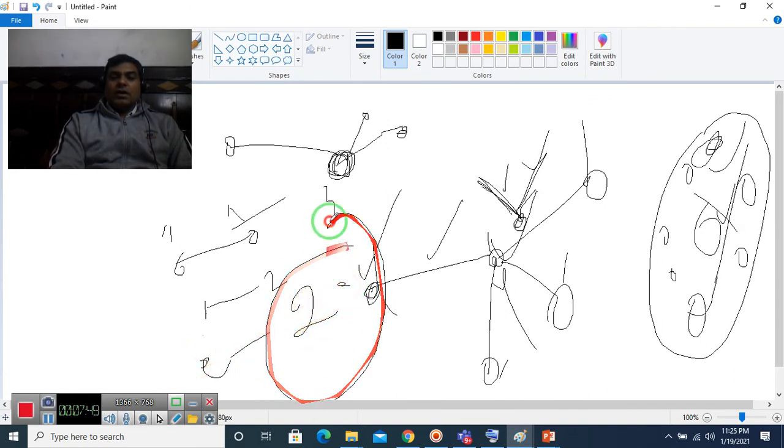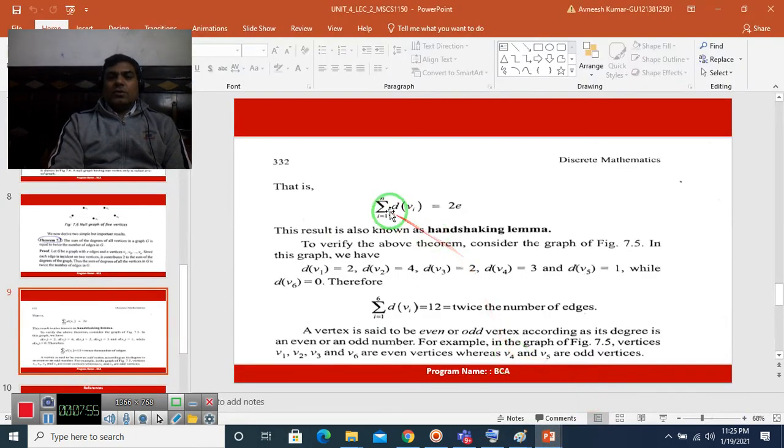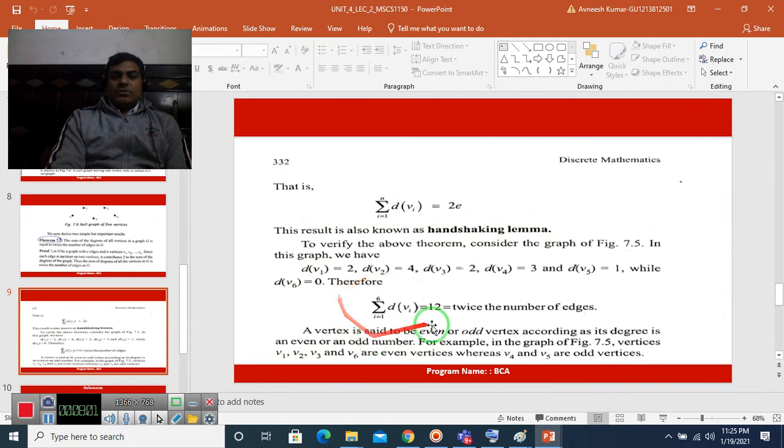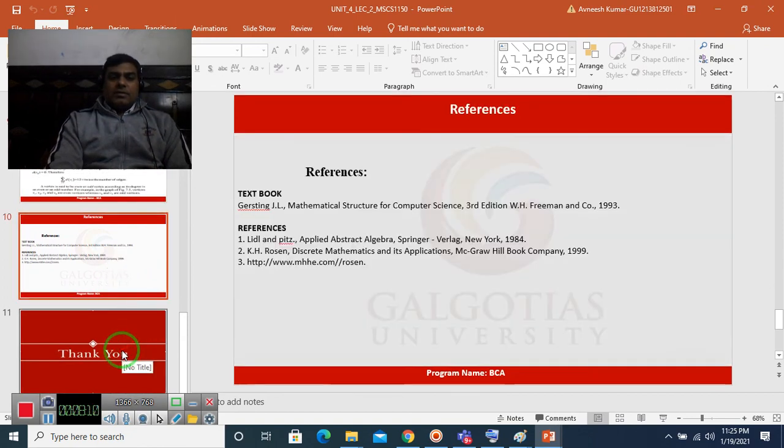This is called the handshaking lemma. So the total degree of the vertices is 2E. This is known as the handshaking lemma. You can also check after making the graph. These are the references. Thank you.